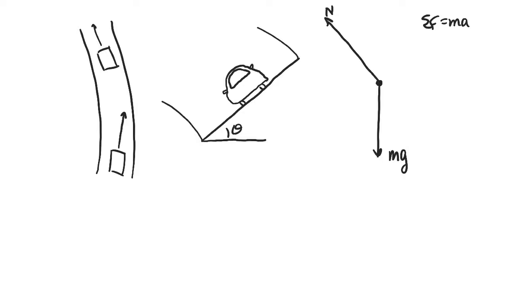Now, here's where you might get stuck, and you might want to do what you've always done. But be careful. We need to look for a component of the force that is directed towards the center of curvature, which means we will need the net force in that direction.